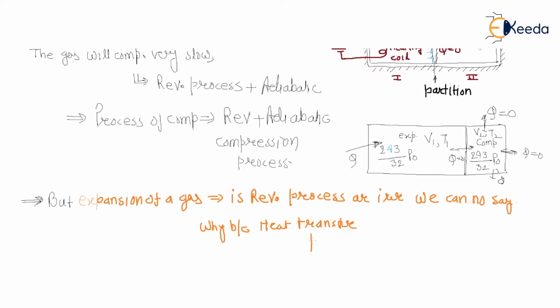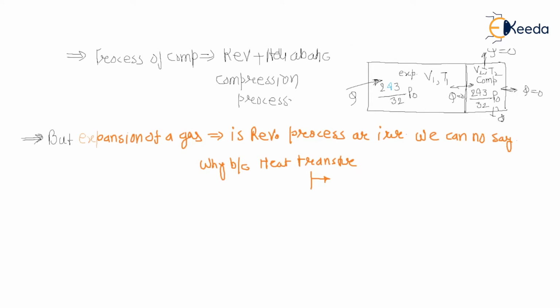If heat transfer, so we cannot say this is reversible or irreversible. So the process will not be defined only by expansion. So the expansion, heating of the gas: if this is the system boundary, it will expand.